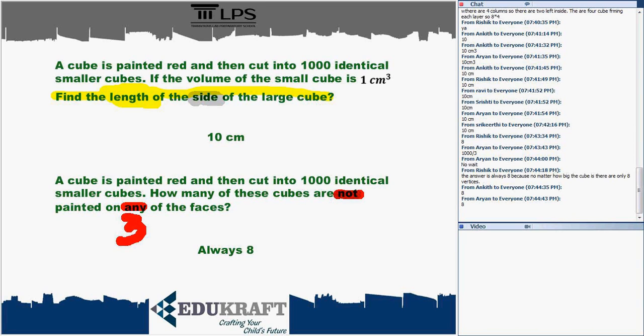No matter how many 1 centimeter cube sections you make out of it, the answer is always going to be 8. There are going to be painted on all the three faces.